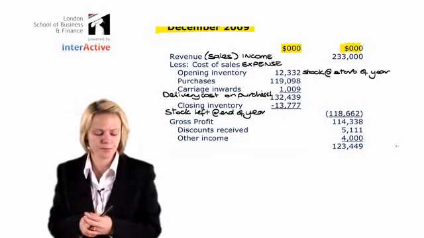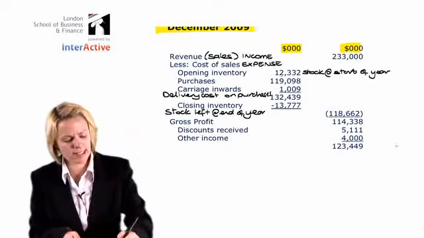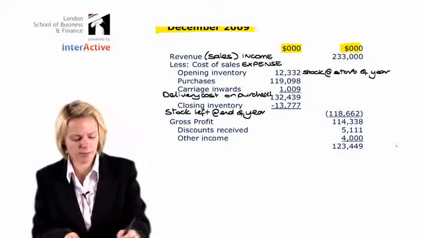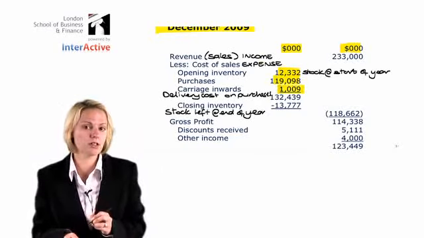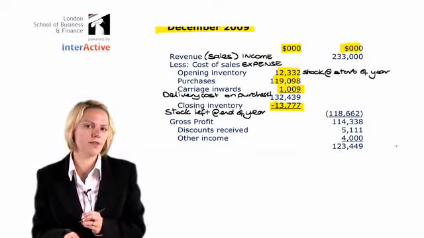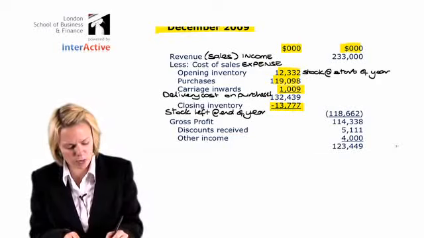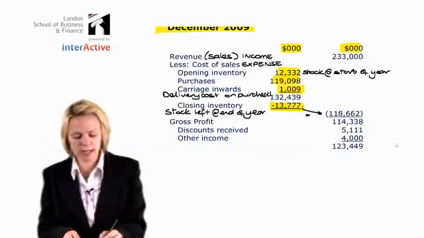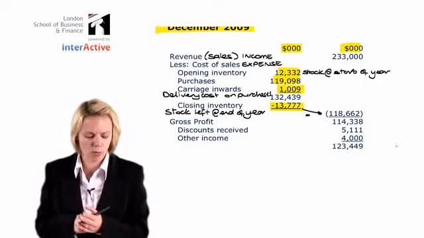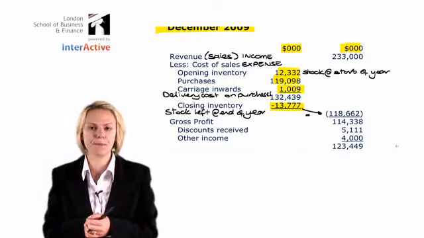So, can you see then that opening inventory plus purchases plus carriage inwards less closing inventory is going to equal total cost of sales? And that would be your total expense, that 118,662.